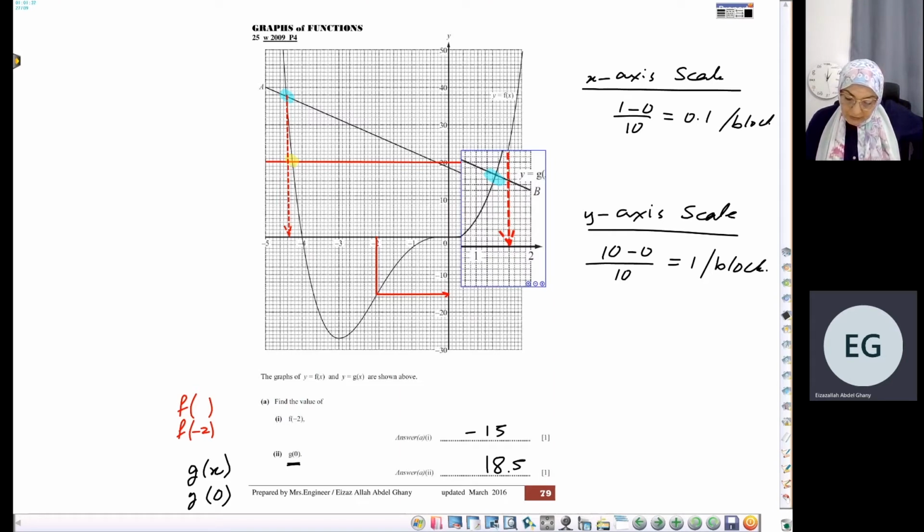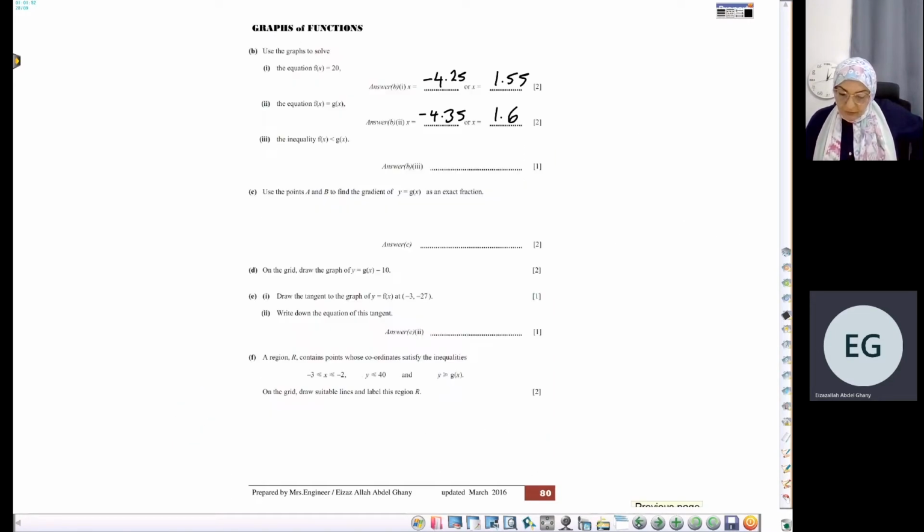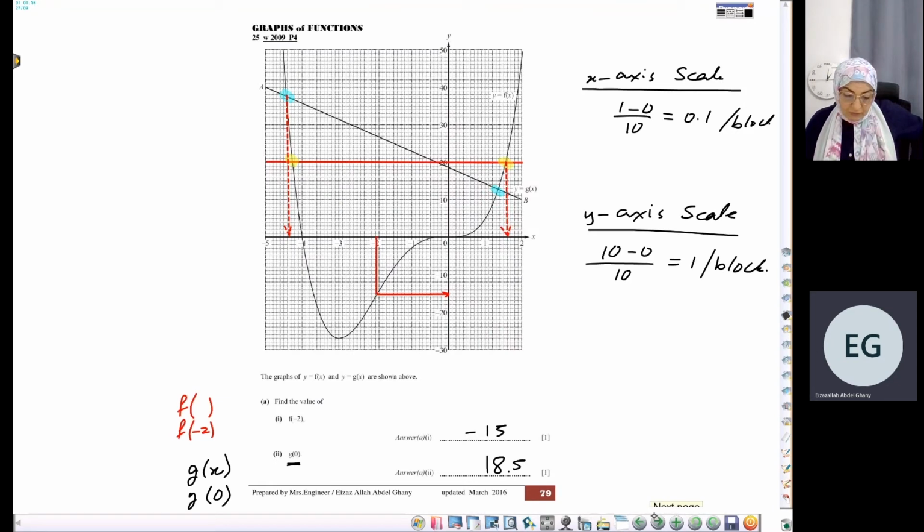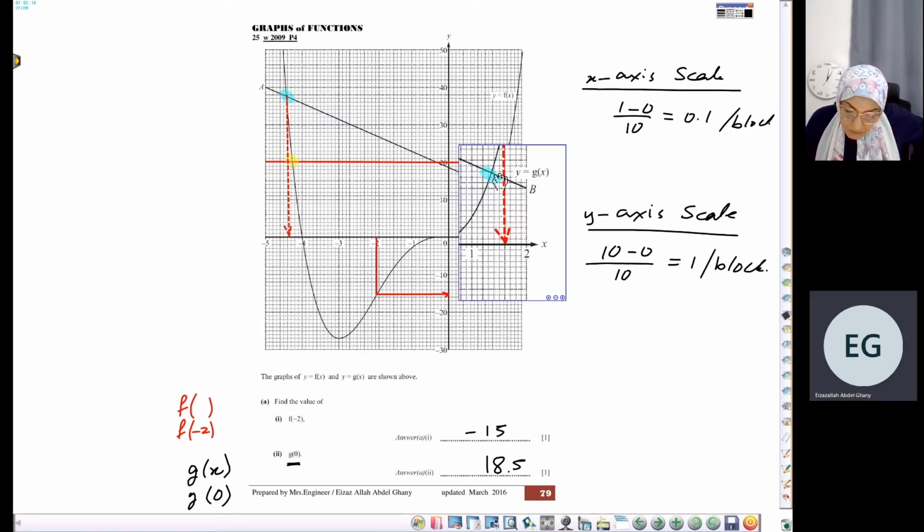It is between 1 and 2, but before the 2 by 1, 2, 3, and 4. So it is 1.6. And this one is after the 1 by 1, 2, 3, 4, so 1.4.